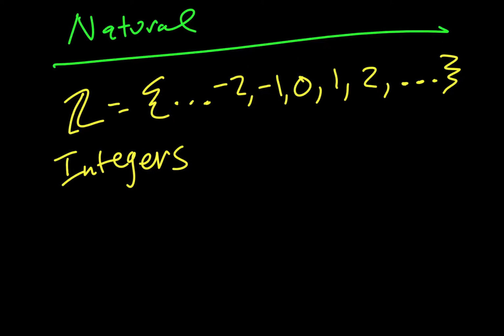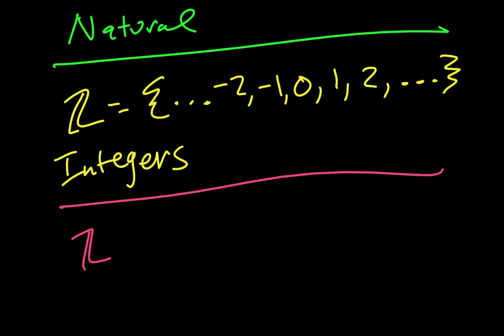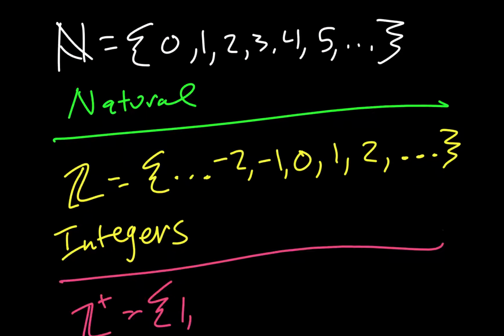Okay, now if we continue on, sometimes we only care about positive integers. And that's what in previous classes I would have taught as natural numbers. So it's the same as this new definition of natural numbers, but without 0.